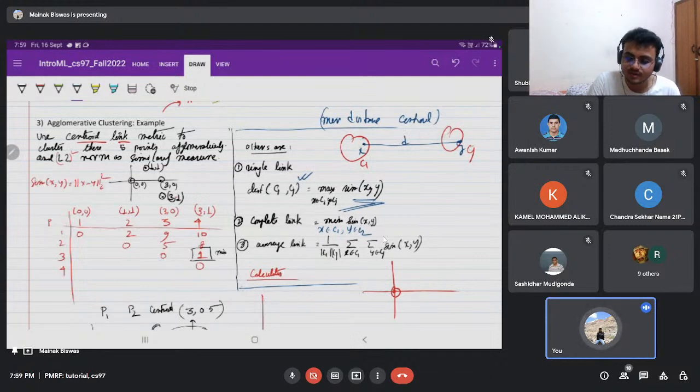So these points say are very close. D2 is less than D1, so D1 says the max. If you take this as a similarity measure, you're taking maximum distances between points to separate between two classes.